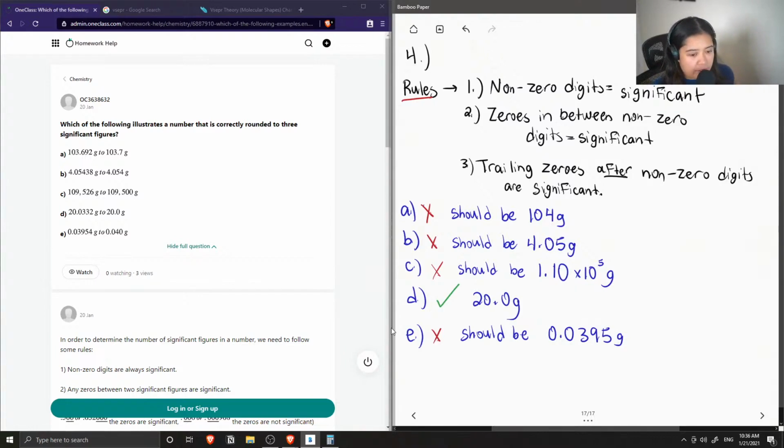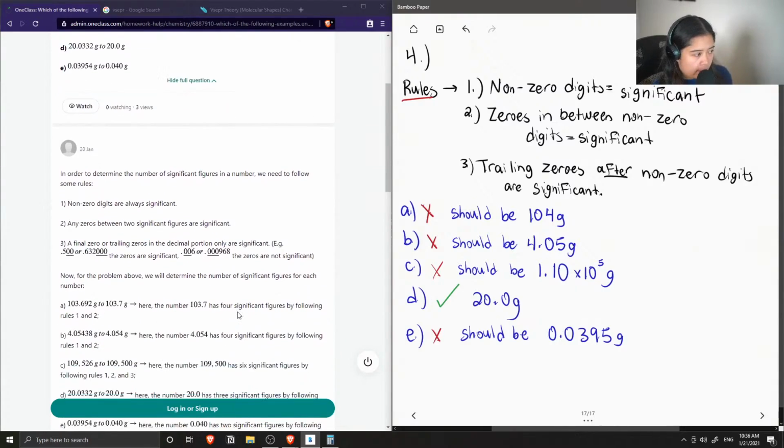So remember that the zeros that come before the non-zero digits are not significant. So that's why I didn't count the 0.0 part of this number to be significant. Only the numbers that came after would be significant.